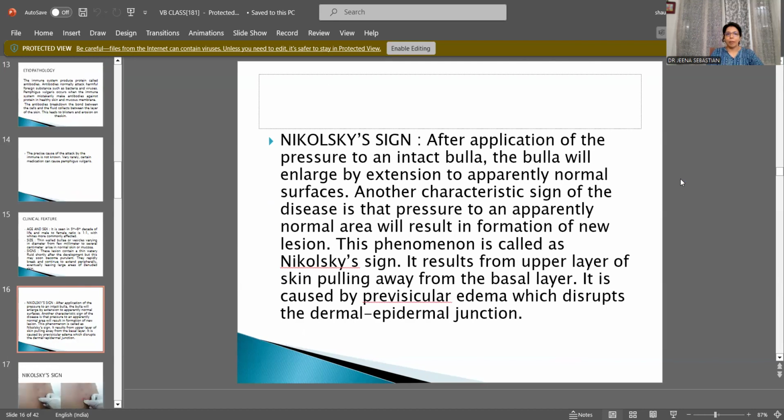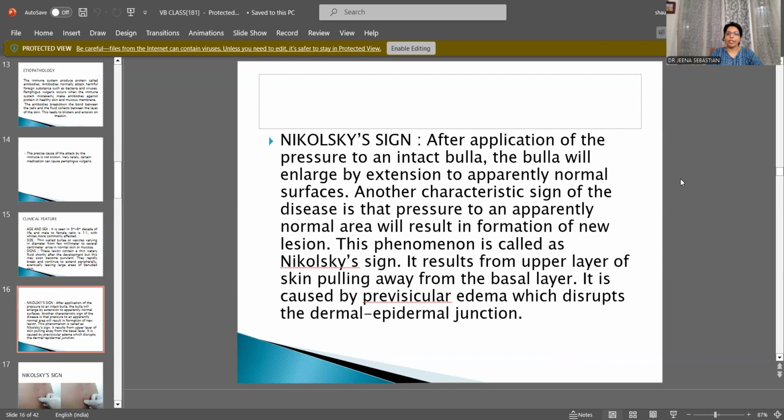The most pathognomonic feature of pemphigus is Nikolsky's sign. That is, after the application of pressure to an intact bulla, the bulla will enlarge by extension to apparently normal surfaces. Another characteristic sign of the disease is that pressure to an apparently normal area will result in the formation of a new lesion.